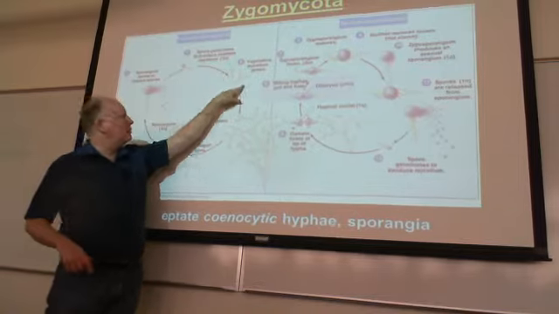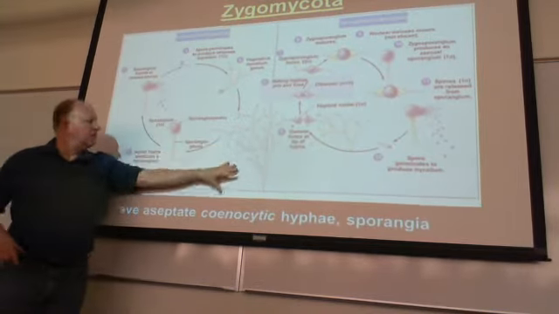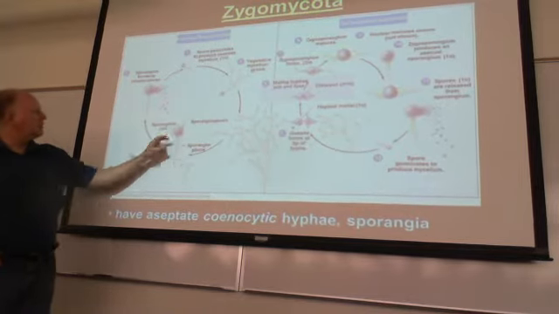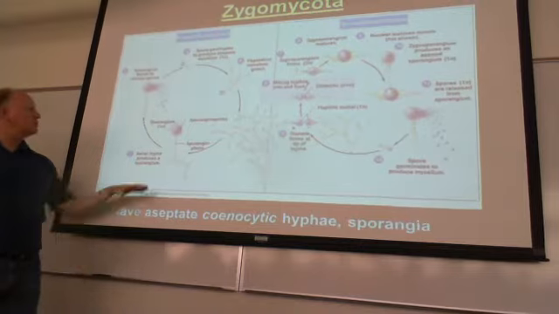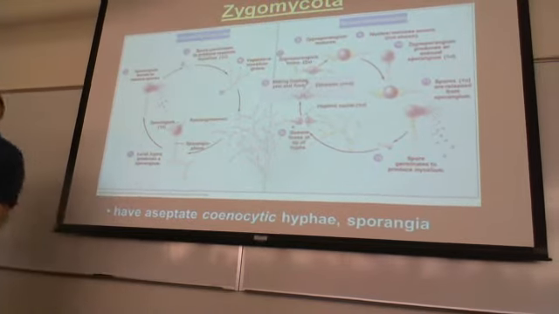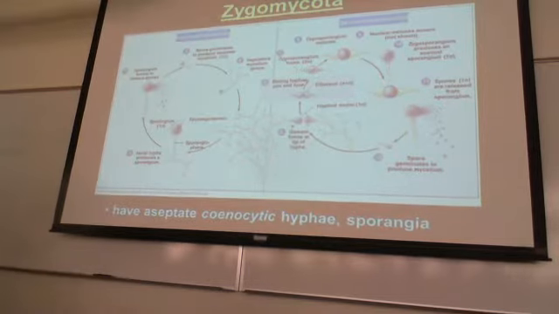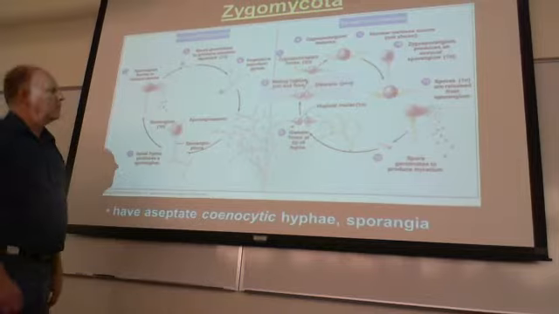Again, that's haploid, haploid, haploid, haploid. Okay, and you get your mycelium and so forth, and then aerial hyphae protrude upwards and develop a sporangium with sporangiospores inside, which ruptures and releases more spores and just repeats the cycle. Okay? So very straightforward. That's the asexual reproductive cycle of a zygomycete.